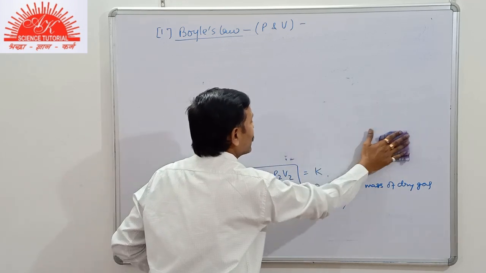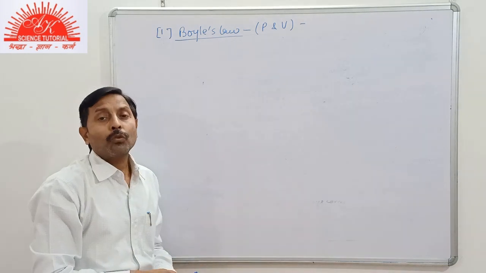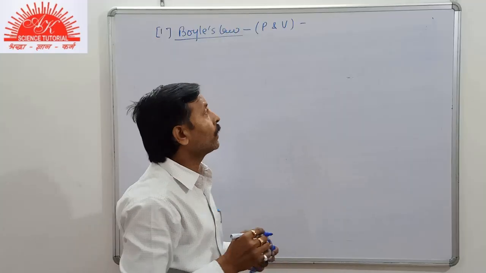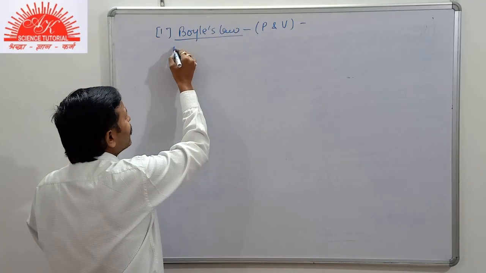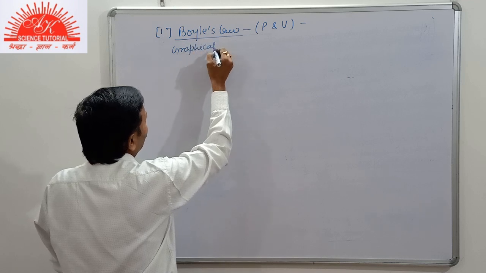Now students, wherever there is some variation, we need to draw a graph to show the variation of the different factors. So the relationship can be shown by graphical representation.